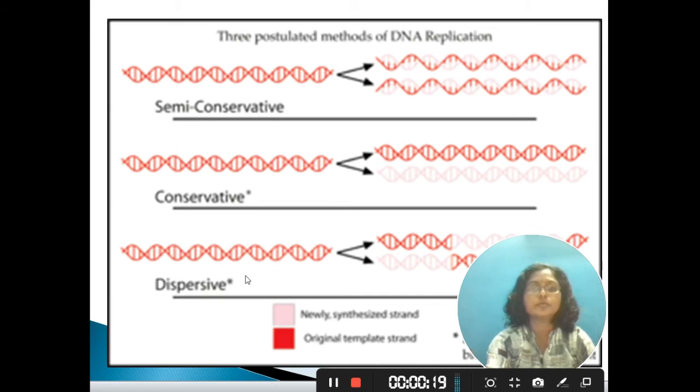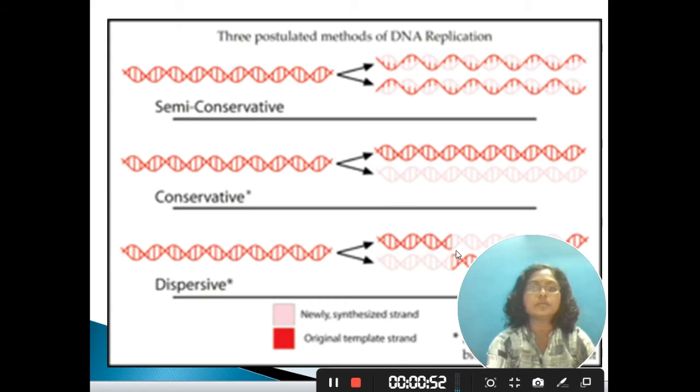In the dispersive mode of replication, the fragments of DNA are usually segregated into the two daughter cells. So the fragments of DNA undergo synthesis of a new strand, and a portion of the fragments enters one daughter cell, and the newly synthesized one, both the strands newly synthesized, enters the other daughter cell.